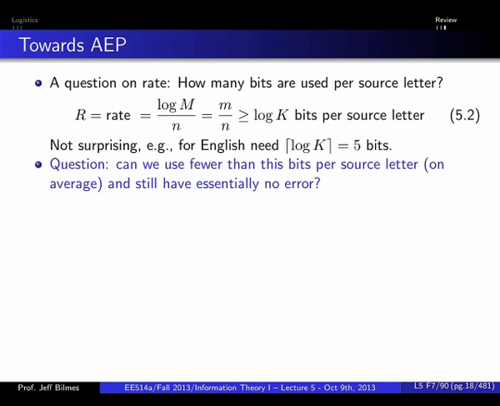So what we want to do, this is pretty naive, right? We're just basically saying that every source message has the same code word length, and can we do better and have essentially no error? This doesn't have any error, obviously, because there's a unique one-to-one mapping between source message and code word. And so the answer is yes, and we've already sort of seen this in the context of asking questions. The things that are very probable, the things that occur frequently, we don't want to use a lot of bits to encode.